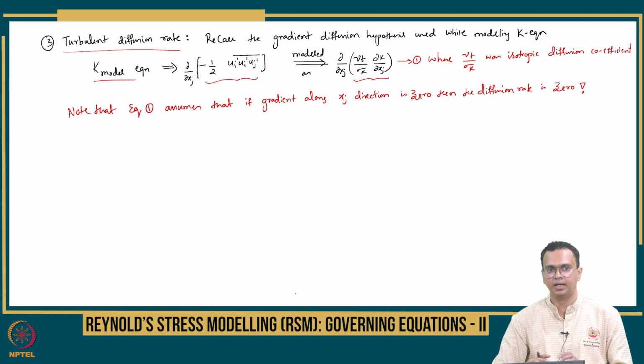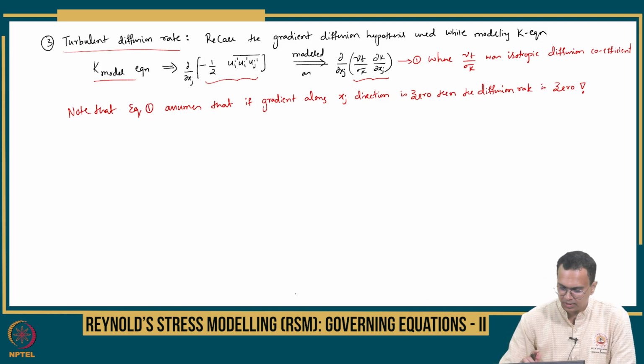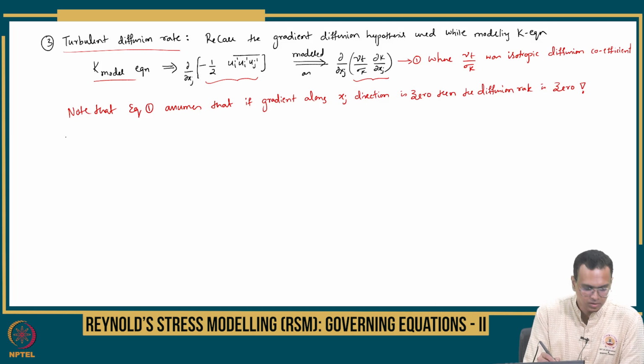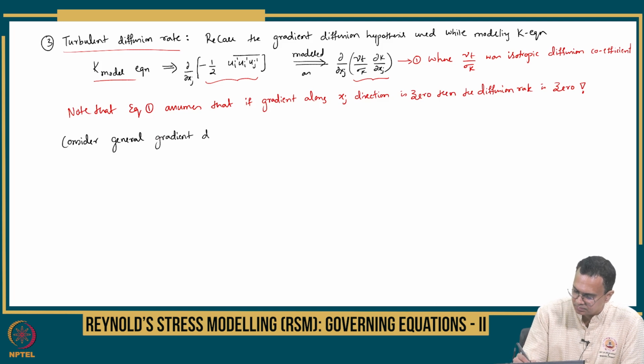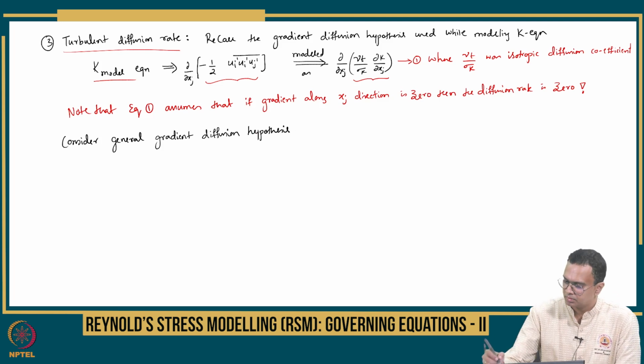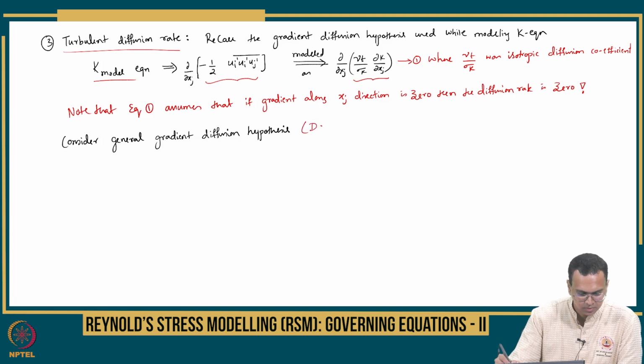So to save this, we would like to introduce an anisotropic diffusion coefficient, or we can consider a general gradient diffusion hypothesis. This is given by, this is the reference, Daly and Harlow, 1970.